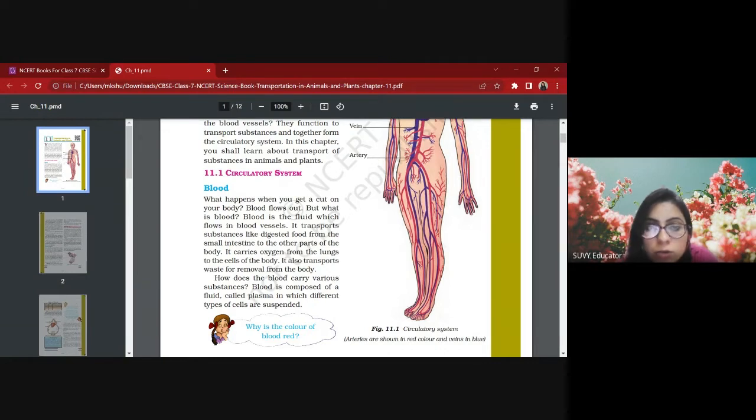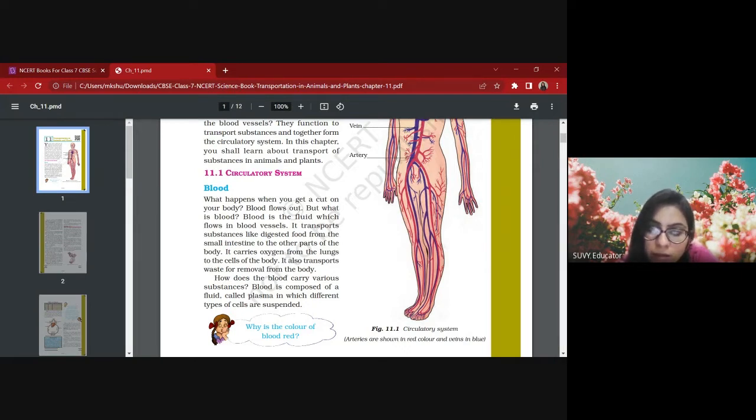Circulatory means circulation of various substances in the body from one place to the other, that is transportation. If you want to send some products from your house to your friend's house, how will you do that?